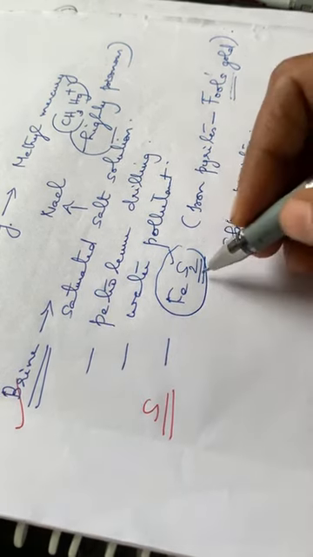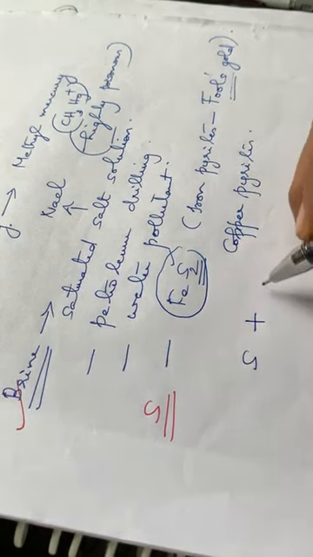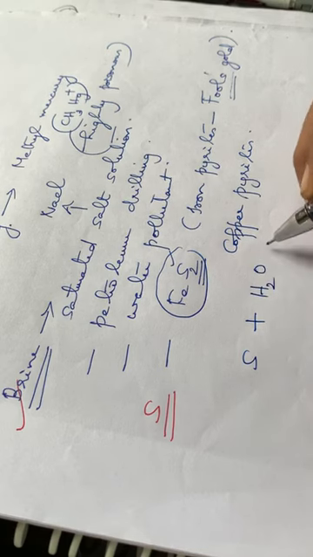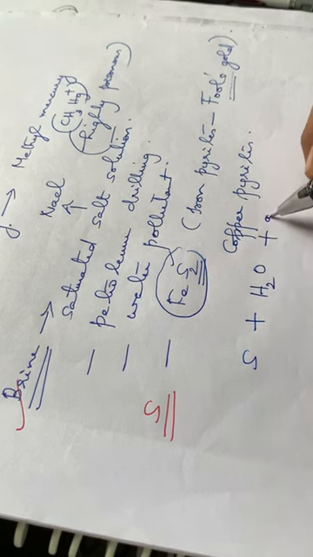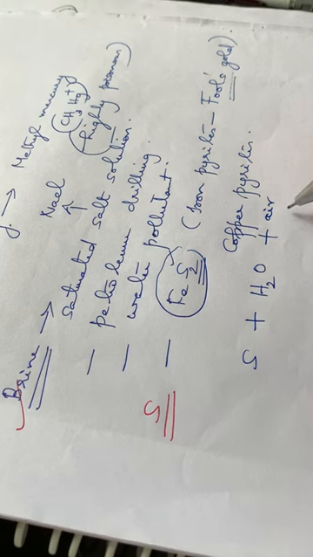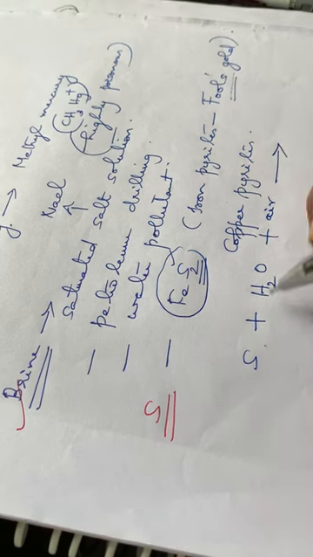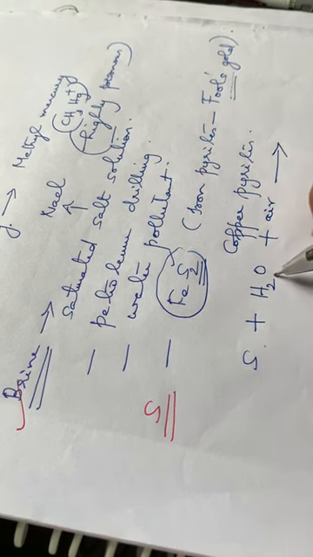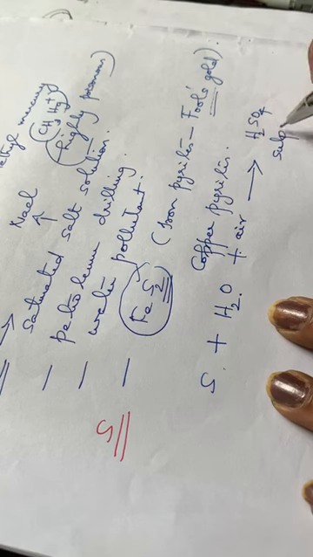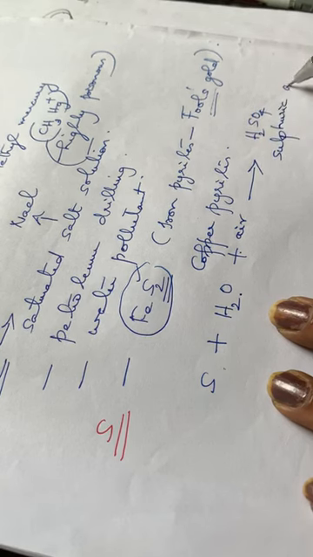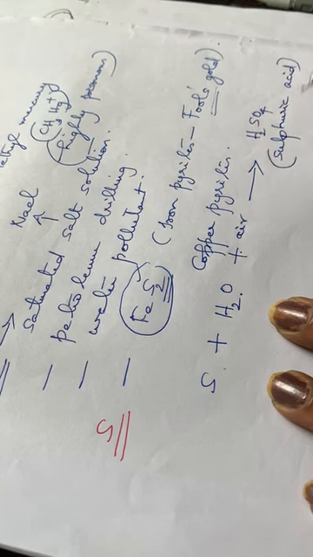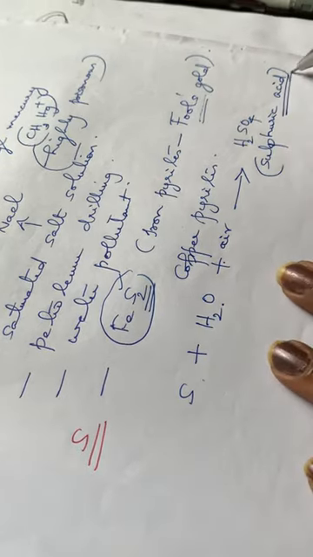When this sulfur comes in contact with water, H2O, and also air, which has so much oxygen, isn't it, what happens? It will be converted to sulfuric acid, H2SO4. What is the nature of sulfuric acid?